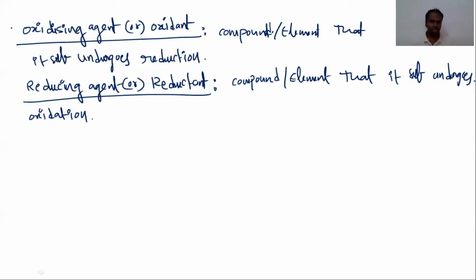No need to confuse here, very simple and easy. What is an oxidant? A compound that itself undergoes reduction is called an oxidant. What is a reductant? A compound that itself undergoes oxidation is called a reductant.